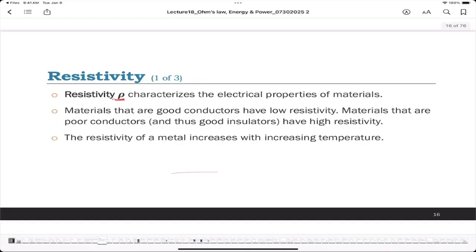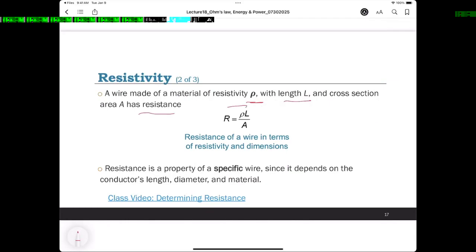Let's say a wire is made of a material of this resistivity, with this length and this cross-sectional area. This is the definition for the resistance. The resistance of a material is fixed.